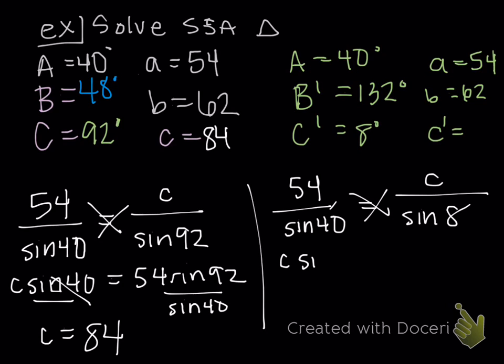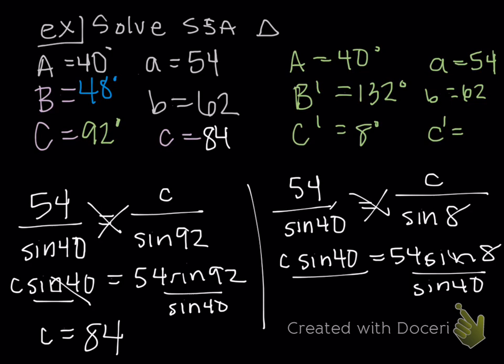I get c sine of 40 equals 54 sine of 8. And then we divide both sides by sine of 40 degrees. So the c for the second triangle will be 11.7 for that third side.